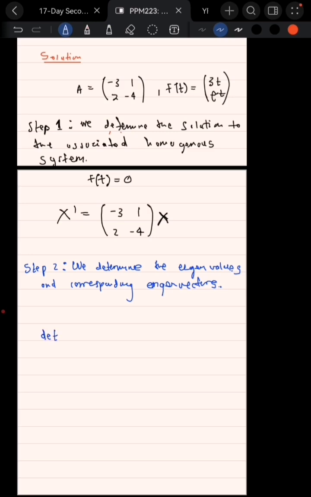Then the determinant of the characteristic equation, that will be A minus lambda I, is going to be equal to the matrix [-3 minus lambda, 1; 2, -4 minus lambda].